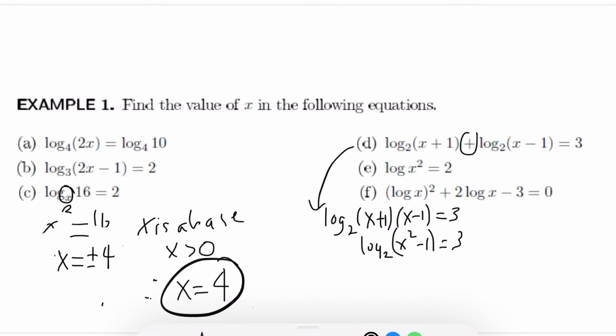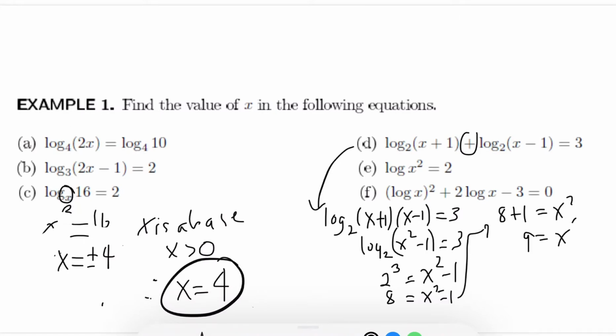We can transform this to its exponential form, 2 raised to 3 equals x squared minus 1. 2 cubed is 8. So we have 8 plus 1 equals x squared, 9 equals x squared.